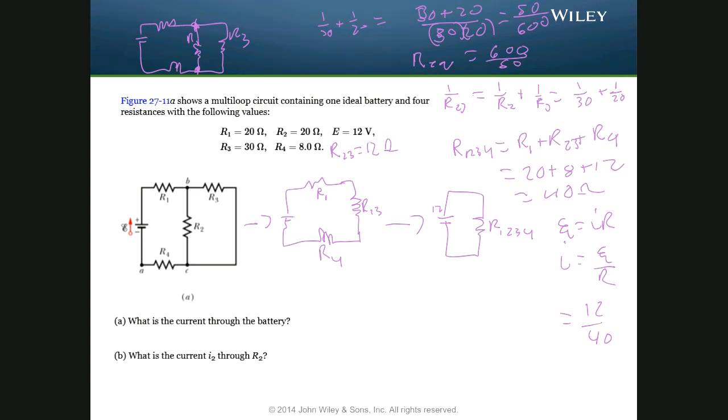So I is equal to 0.3 amps, right? We want to be good with our units. And that's how you get the current in the battery. So take a look at it, see if you have any questions, see if anything sticks out or looks bad.